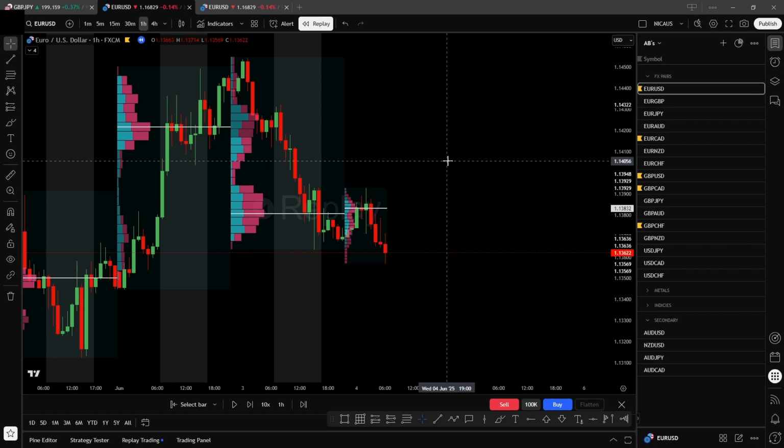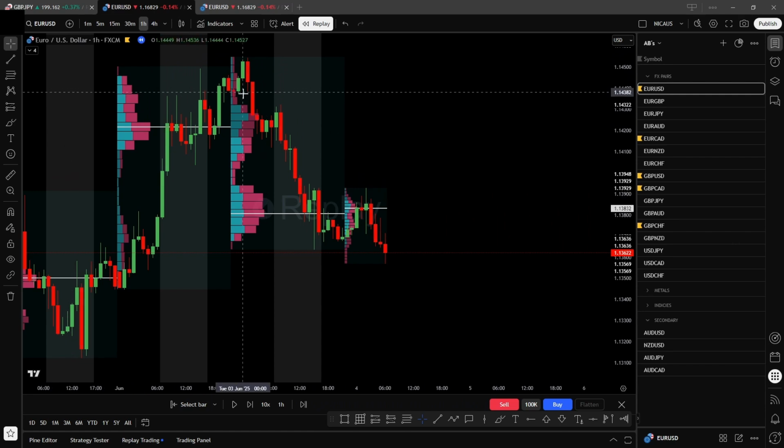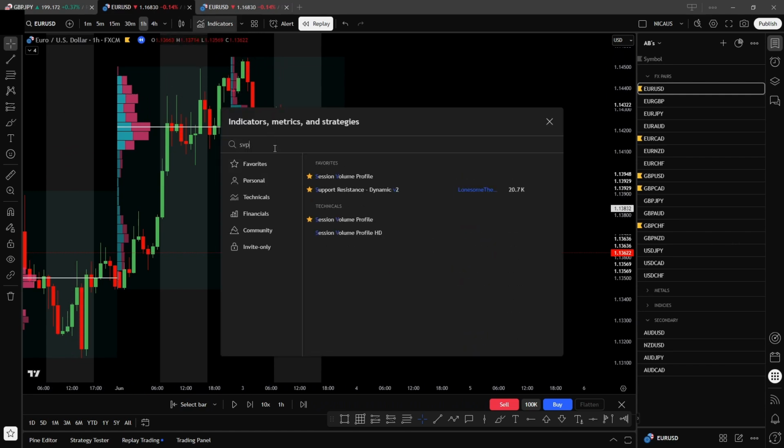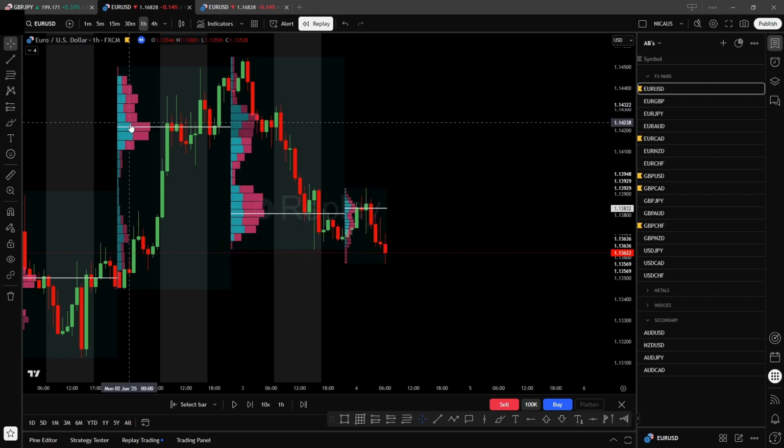So here in TradingView, we'll have a look at the SVP now. So indicators, SVP, and there it is there. It's not got any owner or whatever because it's actually part of the integrated software for TradingView. So you can just add it in there, and it looks like this pink and blue thing that I've got, and I've got the default settings.